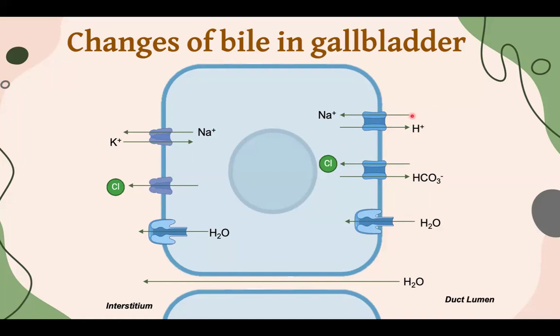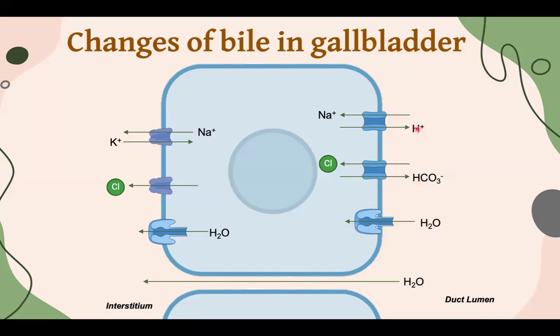They bring sodium inside the cell and pump hydrogen out. Similarly, other transporters bring chloride into the cell and bicarb outside. Sodium and chloride both move through the basolateral membrane into the interstitium. Because sodium chloride got pulled away from the ductal lumen, water also follows, through channels called aquaporins. So now we have bile that's more concentrated.